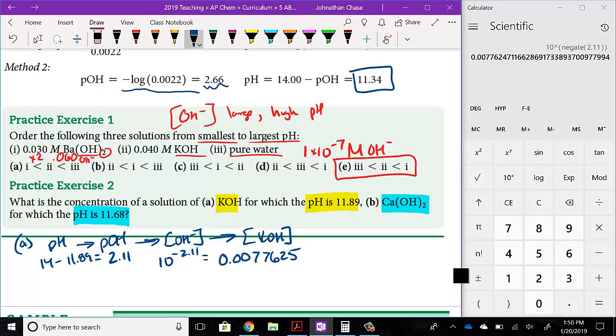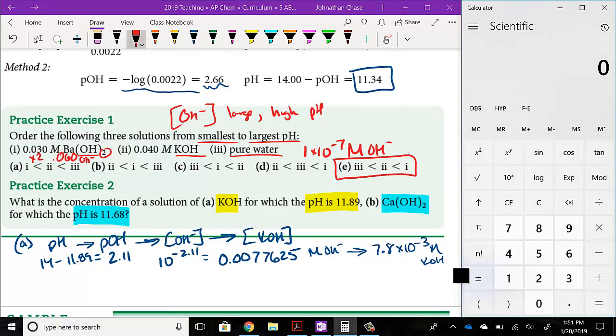I'm going to take a lot of digits because I don't want to round until the very end. Now, since this is a 1-to-1 ratio of hydroxide to potassium hydroxide, this molarity of hydroxide is equivalent to the same number of potassium hydroxide. And I'm going to shift this into scientific notation now and round it off to 2 sig figs based on our original 2. That becomes 7.8 times 10 to the negative third molar potassium hydroxide.